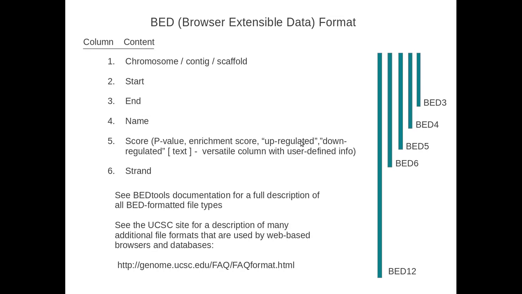We could even incorporate text in the score, etc. Finally, for bed 6 anyways, we can have the strand of the feature. So for some applications, we need to keep track of the strand, such as an mRNA, which reflects the sequence of one strand and not the complementary strand.